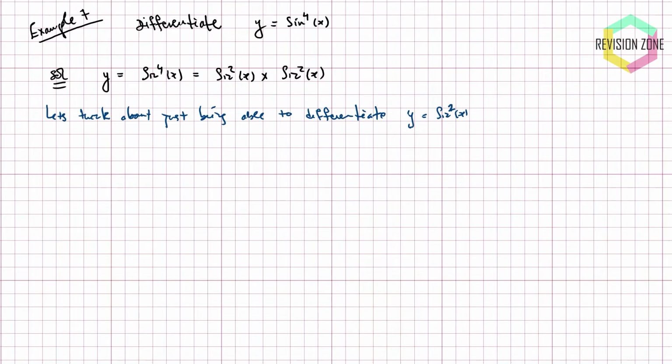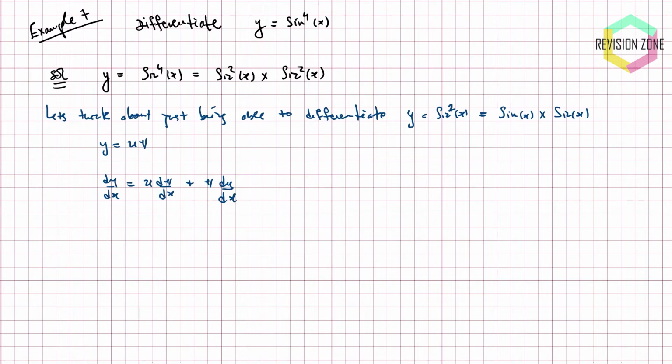So again, here I can rewrite the sine squared as sine x times sine x. And that really helps because I know how to differentiate a sine x. So once I know that, I should be able to differentiate the entire thing, in other words, sine squared, by using the product rule. So what did the product rule say? It says if I have y equals uv, then my dy by dx is going to be u dv by dx plus v du by dx.